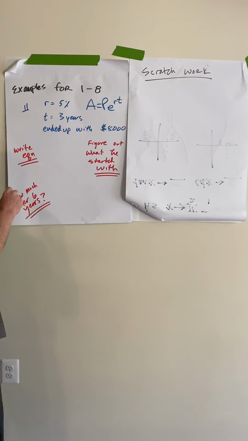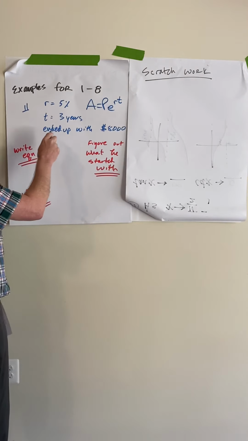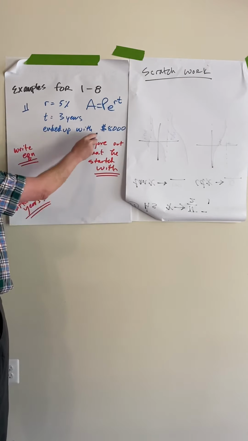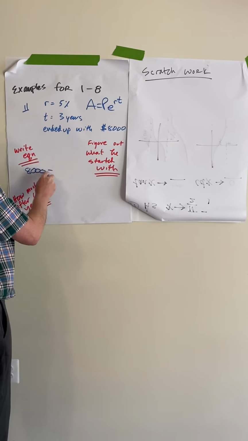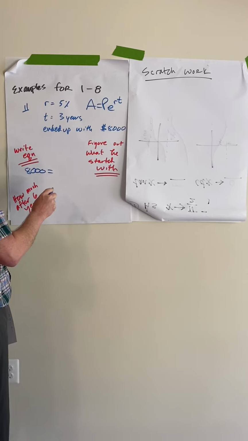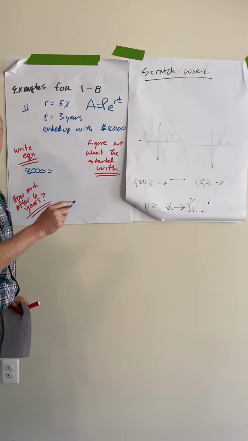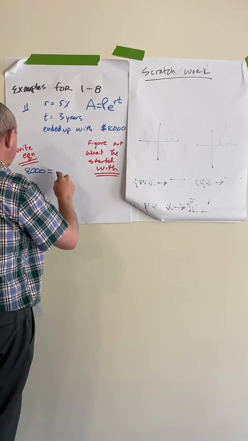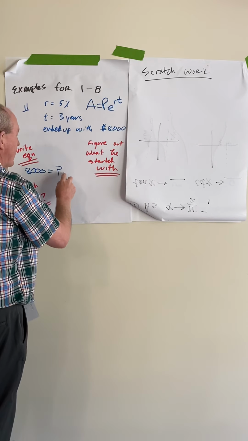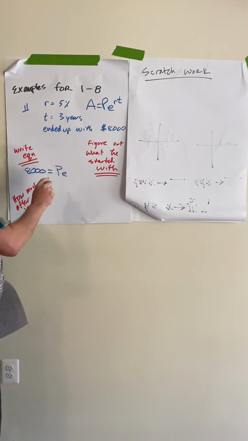So to write our equation, we say 8,000, because we ended up with 8,000, equals P, which we don't know because it's asking what we started with, times e to the rt.